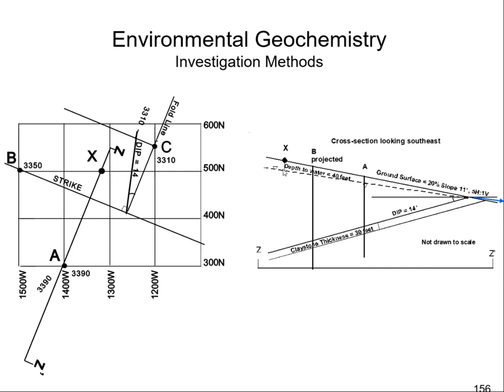The depth to the groundwater is 40 feet under the site, but because our claystone is dipping here and it's 30 feet thick and it's higher towards the ground surface, as we get farther down slope, the water's going to pile up on top of it and it's not going to have anywhere to go. So we have a seep coming out of the ground, a spring, if you will, coming out of the ground right where the top of the claystone thickness is intersecting the ground.